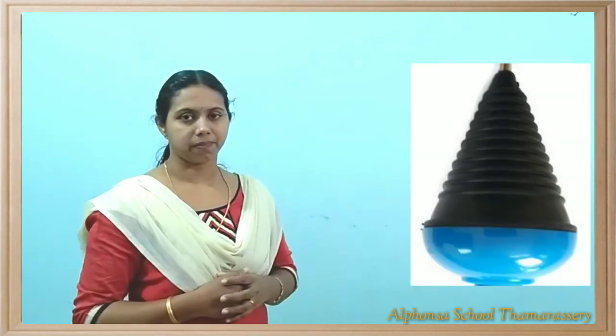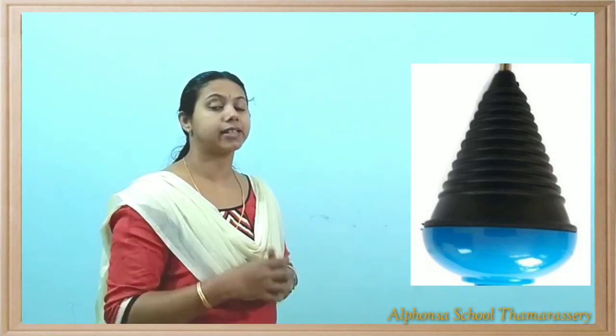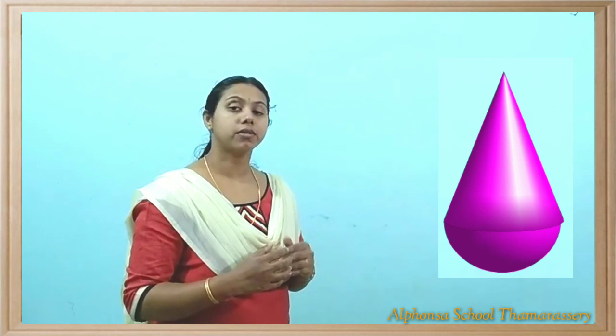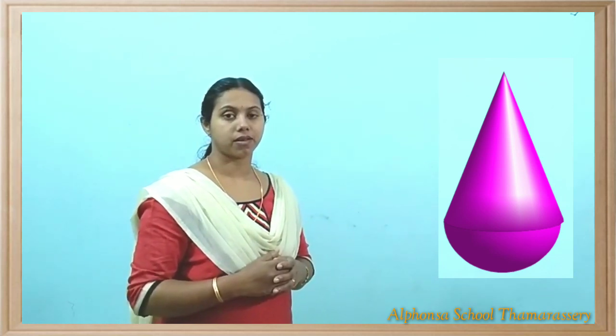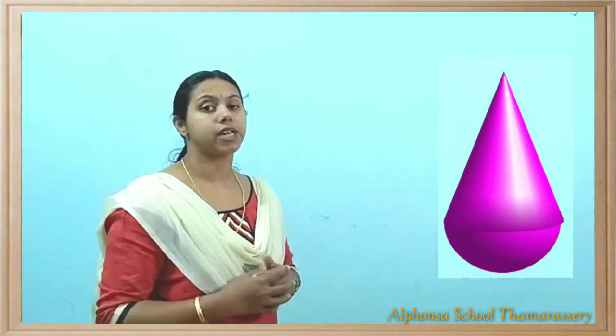Consider this toy. Suppose you want to decorate this toy with colored paper. How much colored paper would we require to cover this toy? For that, we need to know the surface area of this toy.